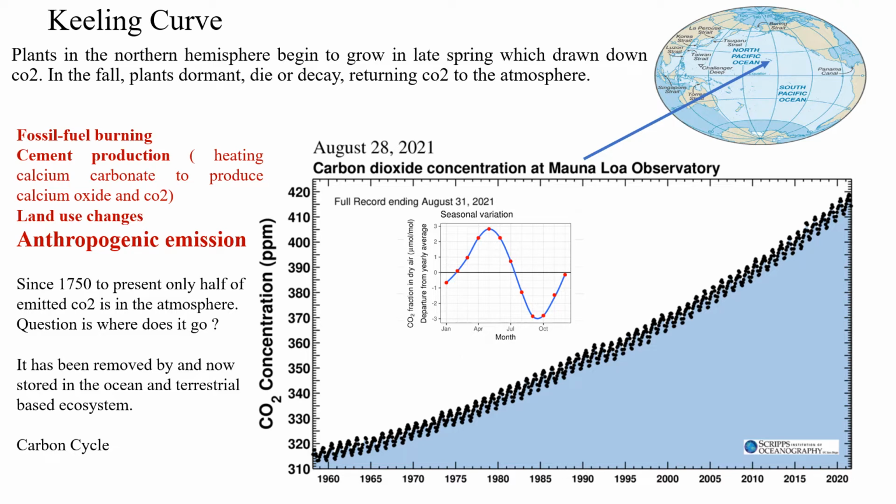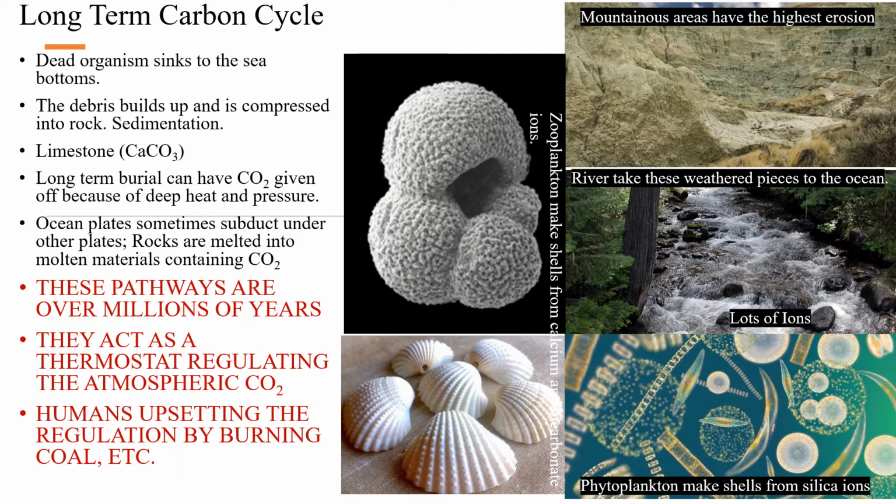So make sure you know why that is happening: in the winter in the northern hemisphere, all the leaves and everything are going down, and in the spring all the leaves are blowing out, so that's why the carbon dioxide concentration differs from one season to another. So make sure that you know all these things.